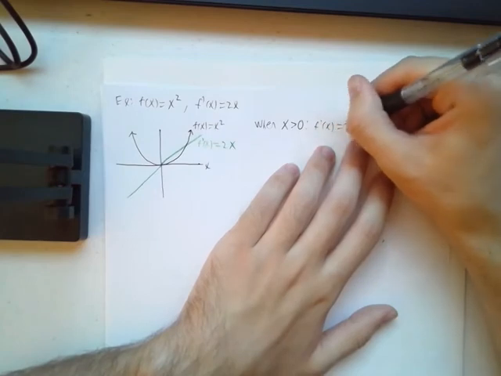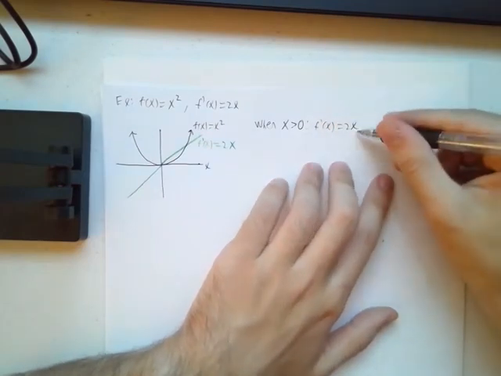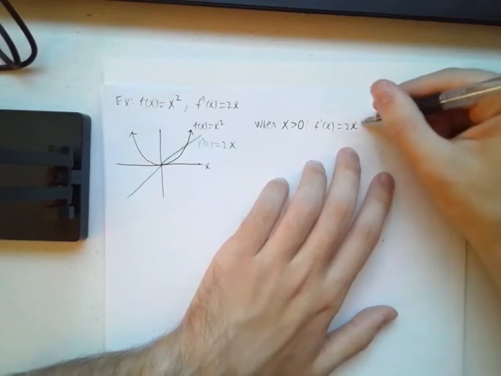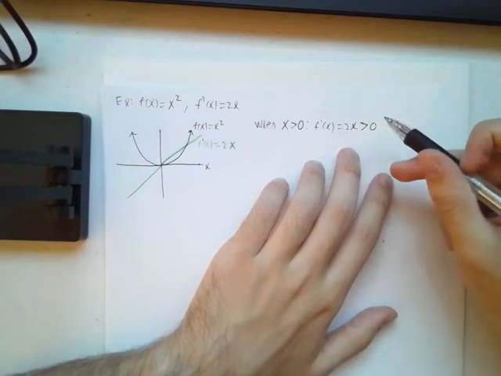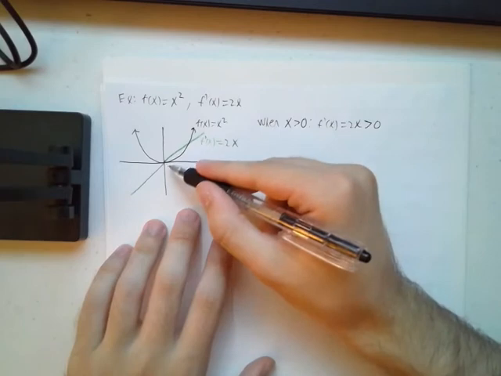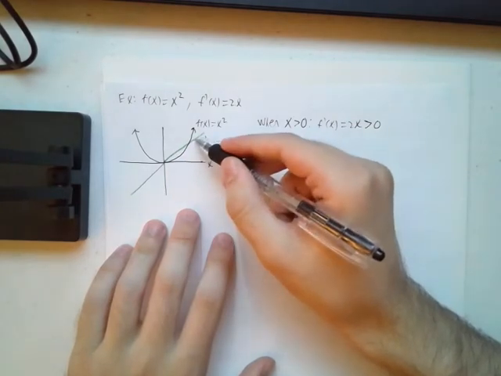So if x is a positive number, then the derivative will also be positive. And so this means that the function should be increasing based on what we discussed in the previous lecture. And we can see that also here. Everywhere over here where the green line is above the x-axis, we see that the function is going upwards.